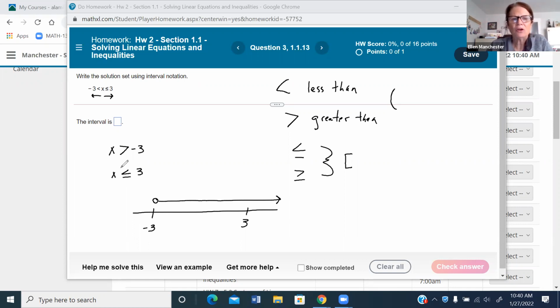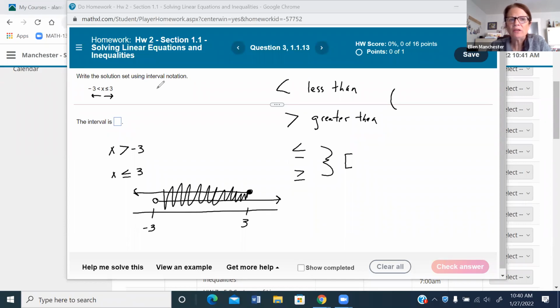This one says it's all the values less than or equal to +3. When it's equal to, it's a solid circle, and it's all the values going this way. Where your two lines intersect are the numbers that this inequality is talking about.